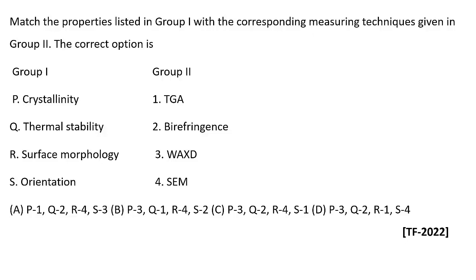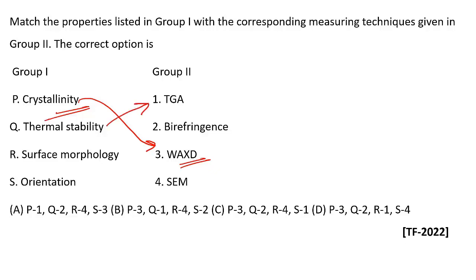If you know crystallinity is measured by wide angle X-ray diffraction, it helps to find the amount of crystalline percent in a total region, as well as the amount of amorphous percentage. So the correct option for P is third. And for thermal stability, TGA is used, thermogravimetric analysis.